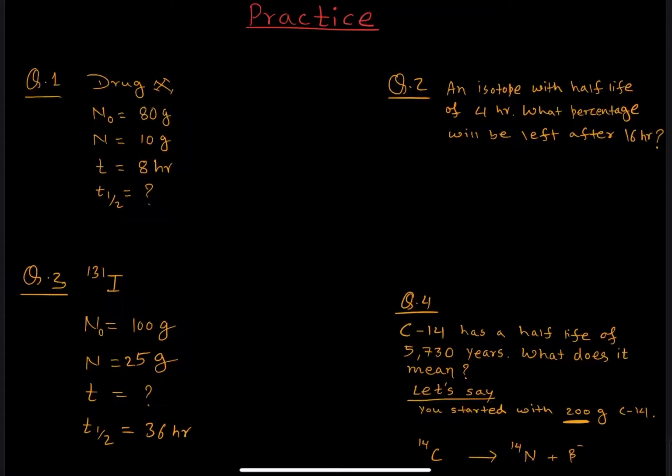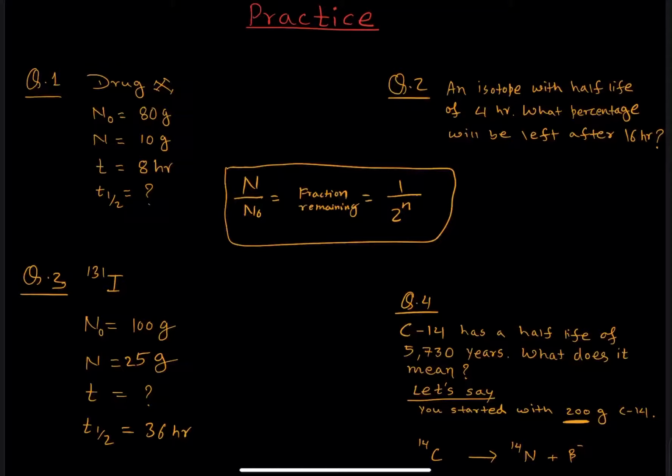When you divide N over N naught, it tells you the fraction remaining, which equals 1 over 2 to the power n. This is a pretty important equation, and you need to know it.